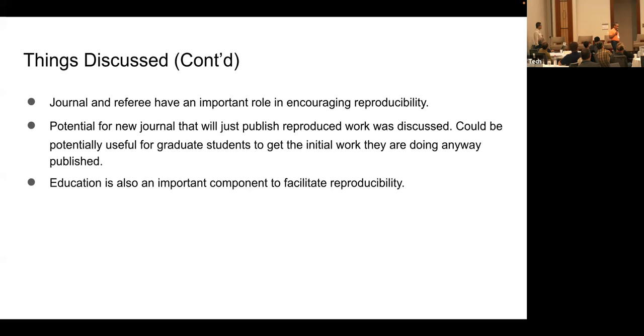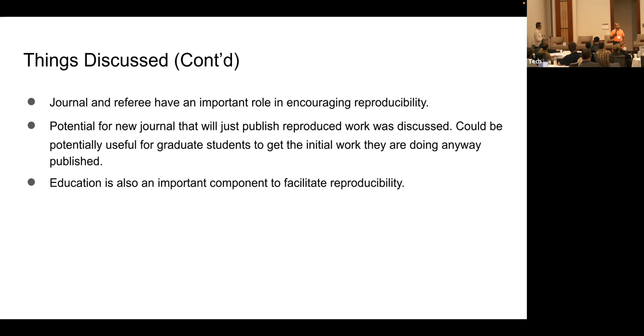In terms of potential solutions, we also discussed journal referees requiring codes and GitHub repositories to be submitted. It will improve the reproducibility of the things out there. And also one of the ideas which was mentioned multiple times was to have a potential new journal whose sole focus is on getting reproduced work published.